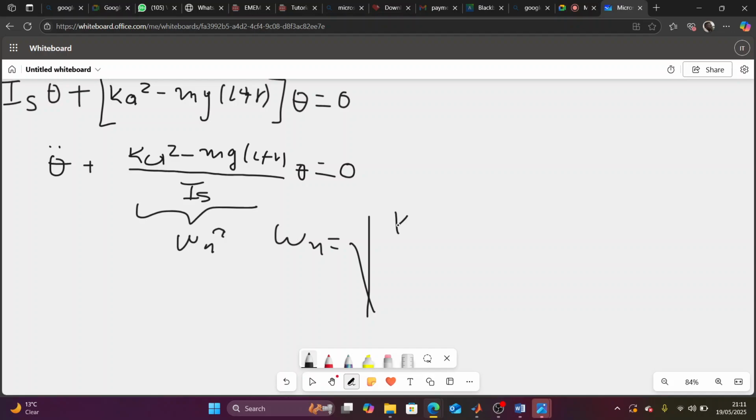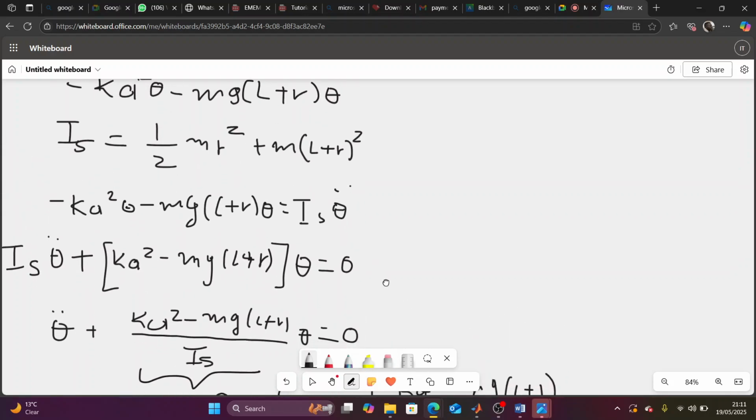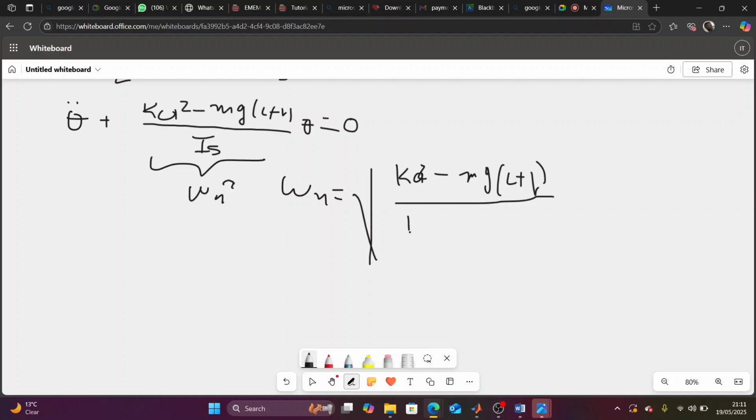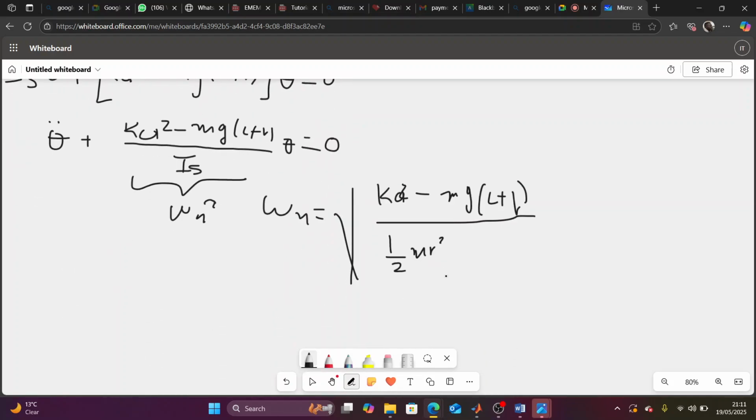What is the root of k a square minus mg (L plus r), everything over the moment of inertia of the system? It is 1 over 2 m r square plus m (L plus r) square.